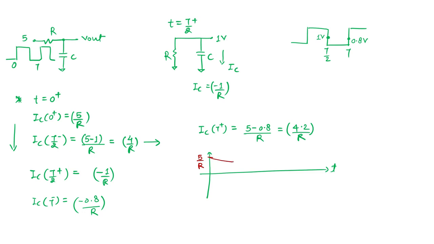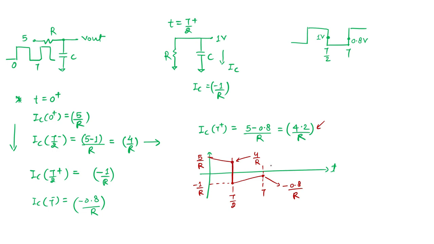It is slowly discharging to this value, 4 by R, and from 4 by R it is suddenly going to a negative value, which is minus 1 by R. At T, my current is reaching the value minus 0.8 by R.